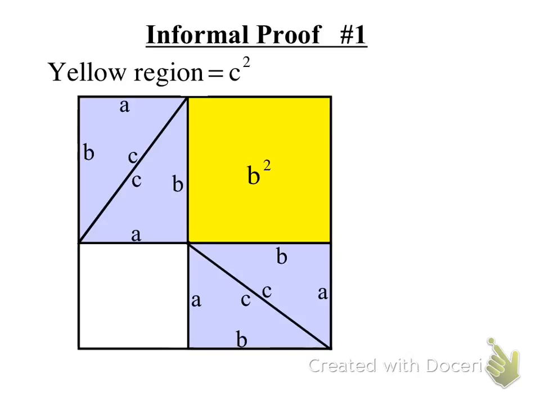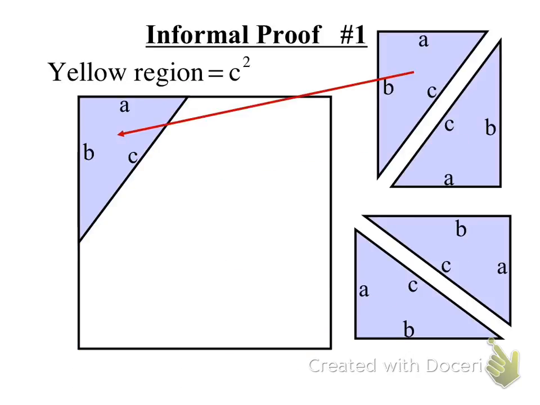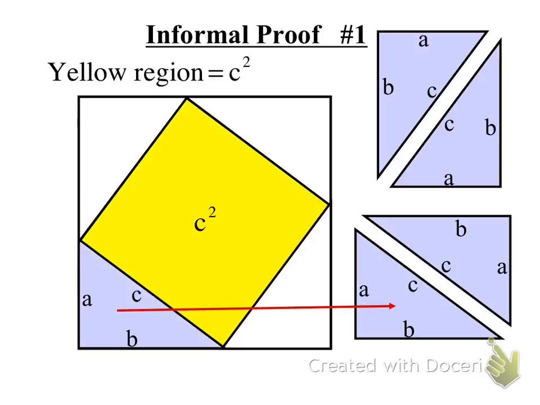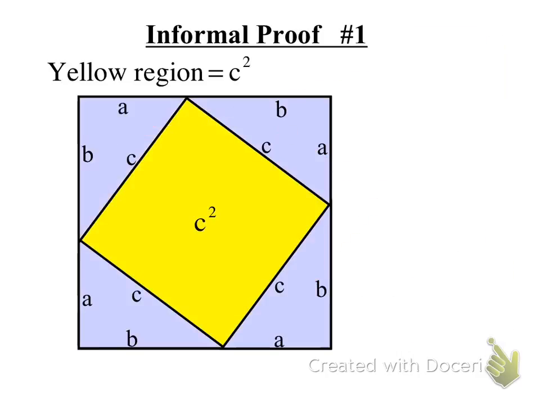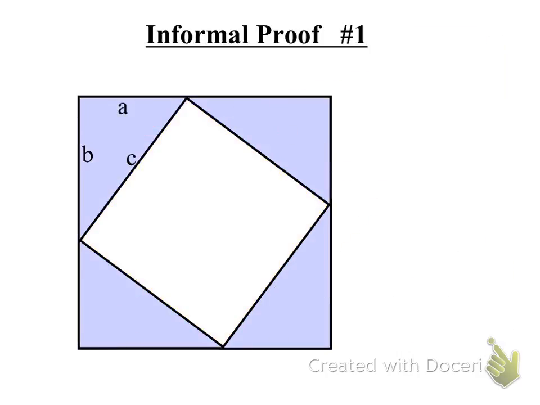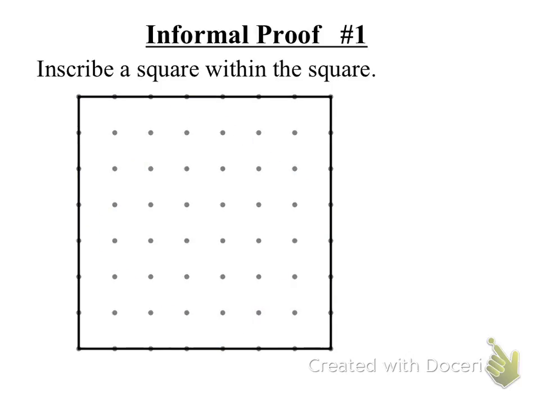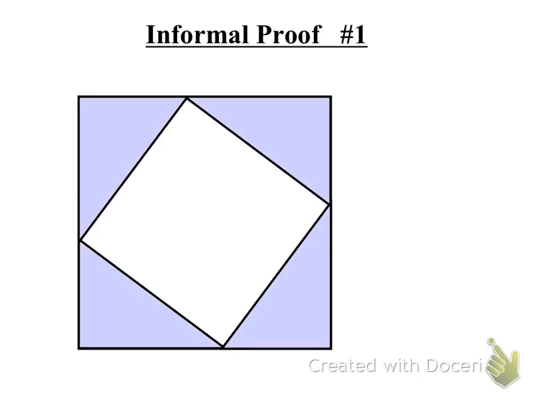One more time. I'll go back really quick. You don't have to write it. I'm going to show you a different one too. First we inscribed. Okay? We named all our sides, A, B, and C. We called the inside C squared because C times C is C squared.